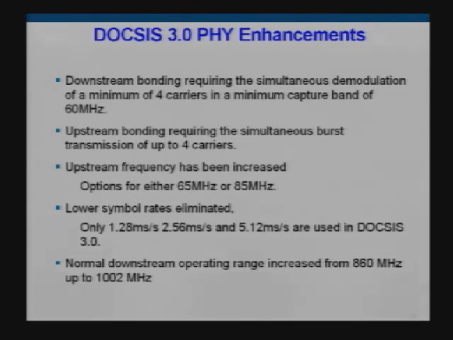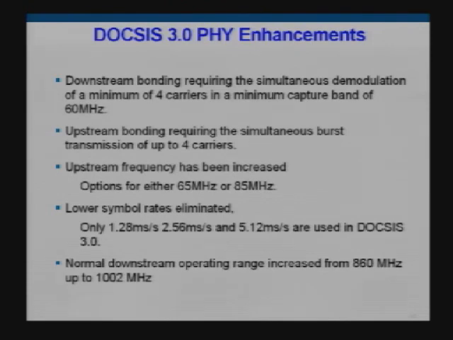As far as the upstream frequency range is concerned, originally in DOCSIS 2.0 and prior versions it was 5 to 42 megahertz, but DOCSIS 3.0 provides an extended frequency range to 85 megahertz, so that you have more upstream channels available in the DOCSIS 3.0 world.